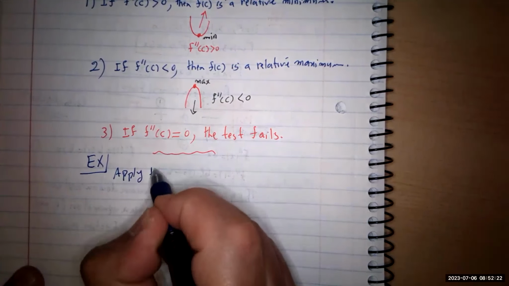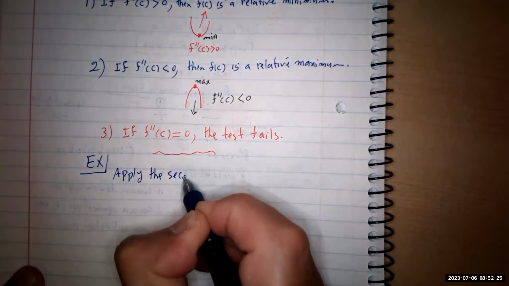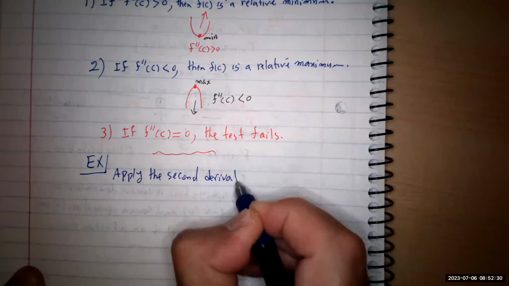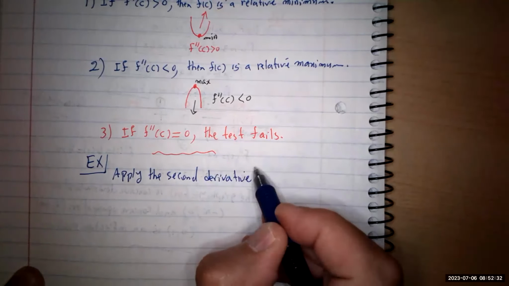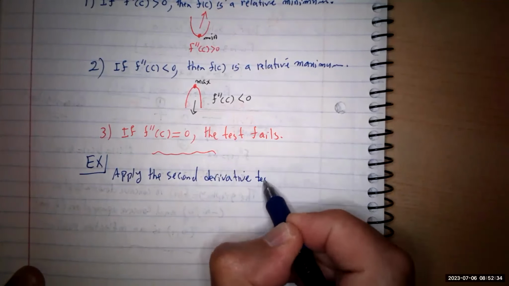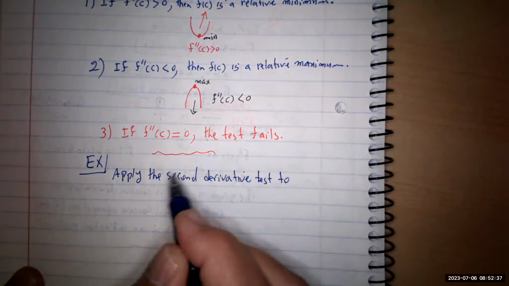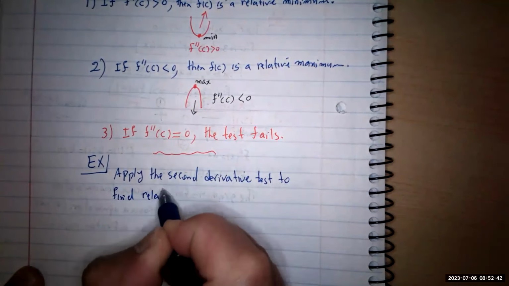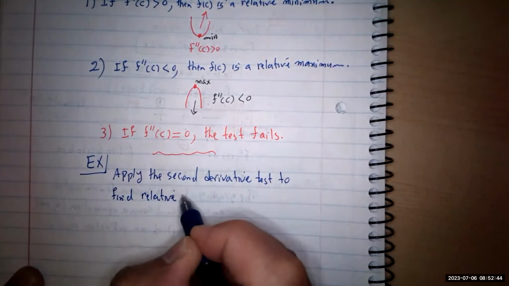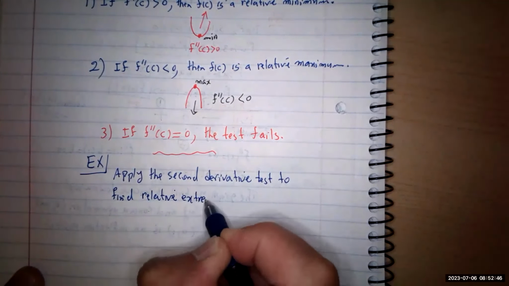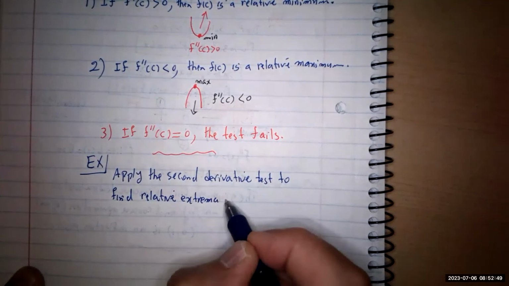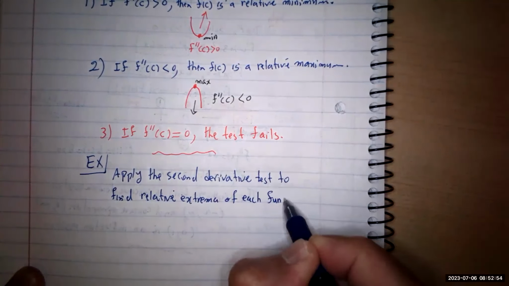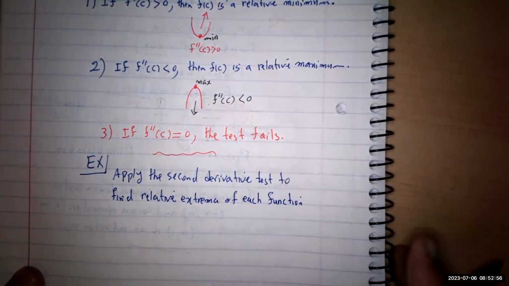Apply the second derivative test to find relative extrema, meaning maximum and minimum, of each function. I'm going to give you two of each function. Here you are.